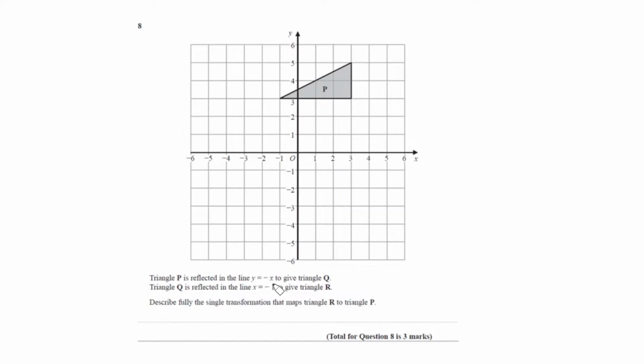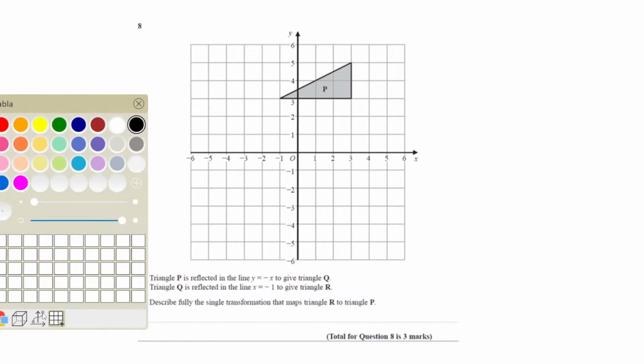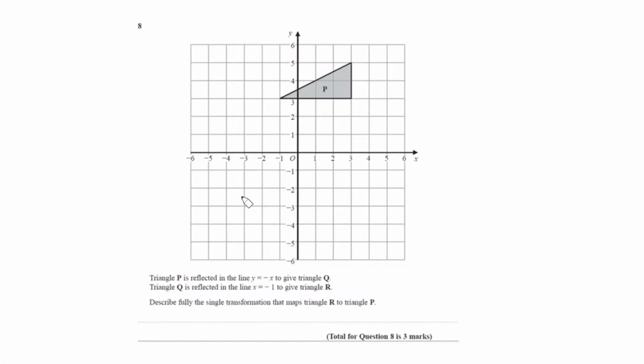So the first one's a little bit more complicated. y equals minus x. That one is a little bit harder because it's a diagonal line. Now obviously you can figure it out by plotting two coordinates and joining them up. But hopefully you would also know the line y equals x, positive, is just diagonally this way.